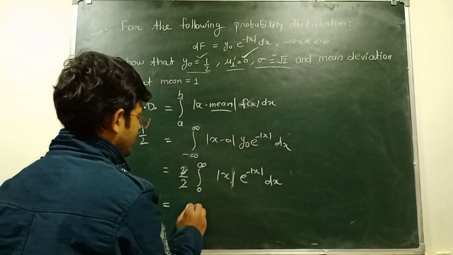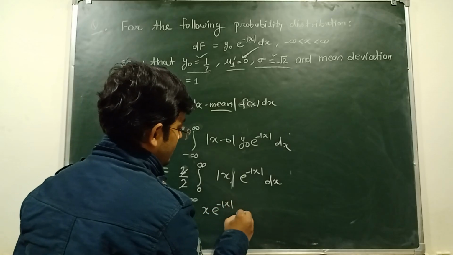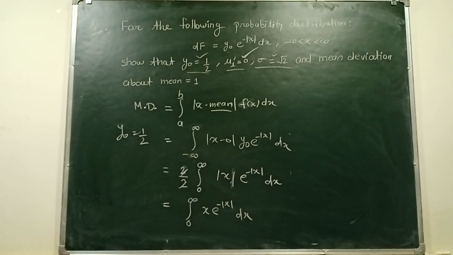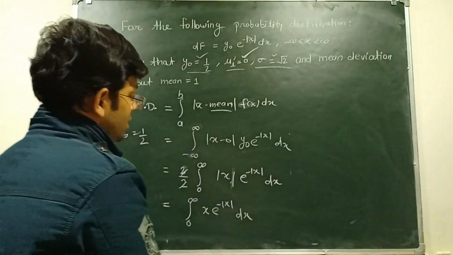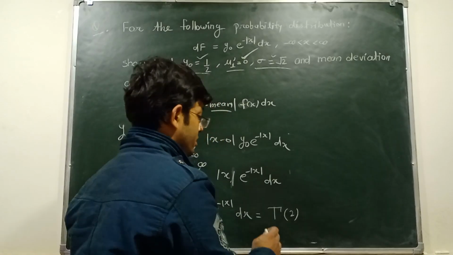Now the value of x e to the power minus x, the answer of this integral with the help of the gamma function is gamma 2.